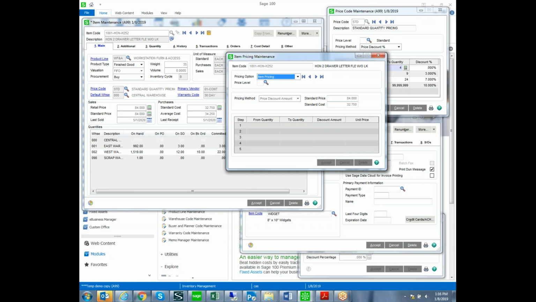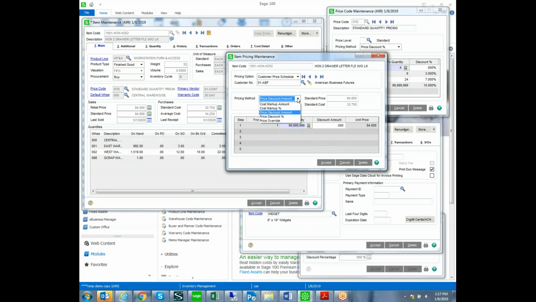Now, perhaps this customer, which has a price level of 1, negotiated their own pricing. And so we can be even more specific than item pricing. And this would be for a particular customer and a particular item. And so we choose the customer, and then we enter in the pricing structure.